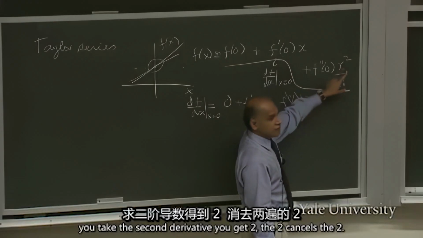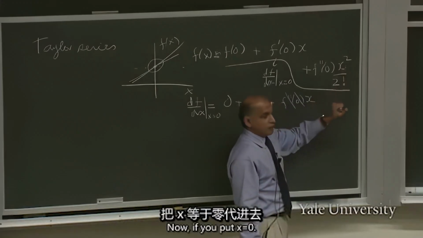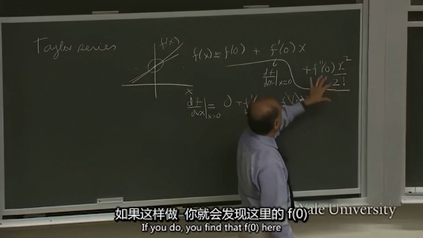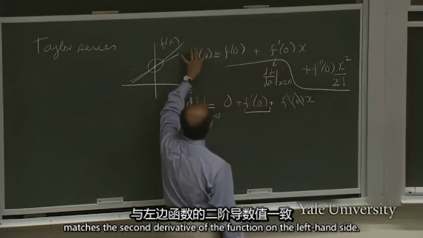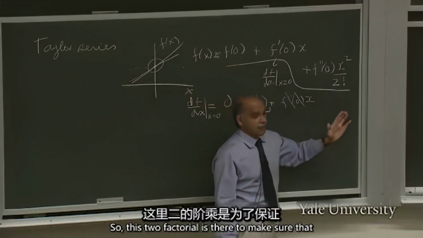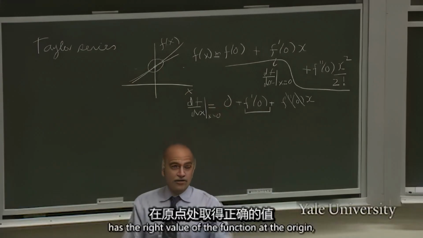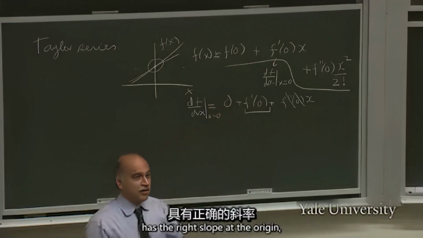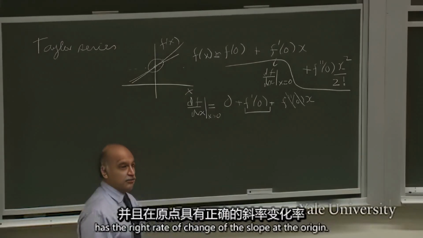If you take the second derivative, you get 2. The 2 cancels the 2. Now you put x equal to 0. If you do, you find that f double prime 0 here matches the second derivative of the function on the left-hand side. So this 2 factorial is there to make sure that the function you have cooked up has the right value of the function at the origin, has the right slope at the origin, has the right rate of change of the slope at the origin.